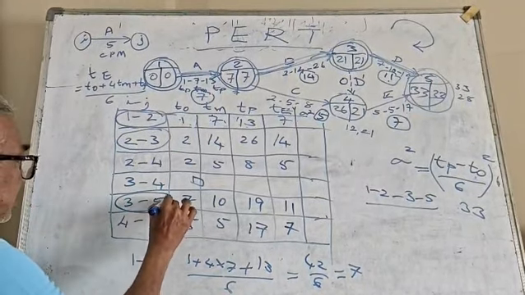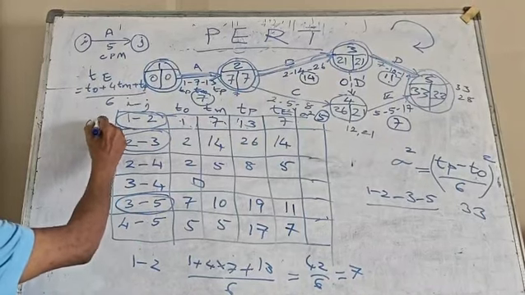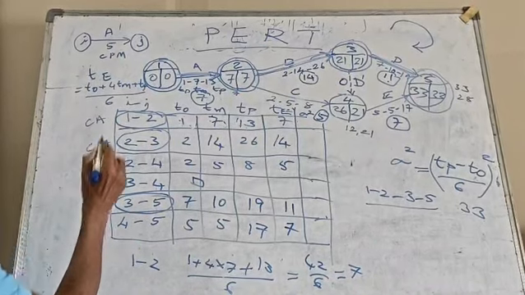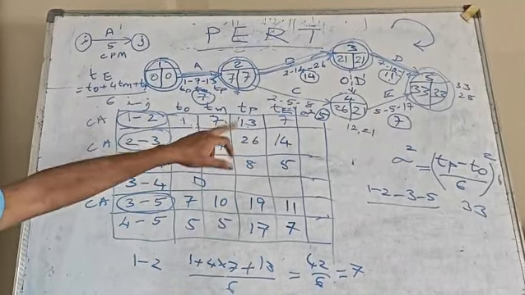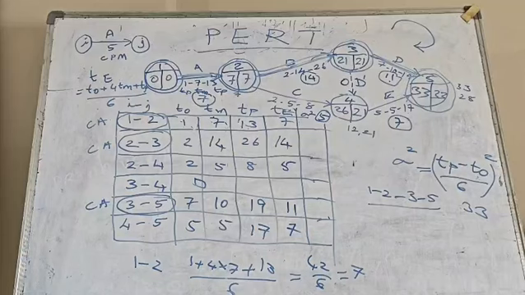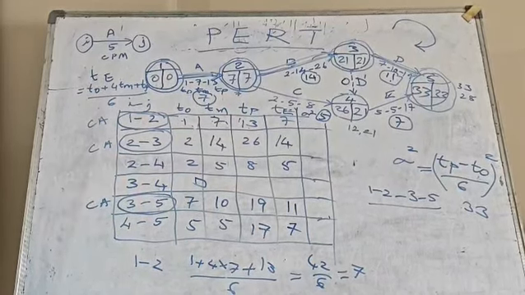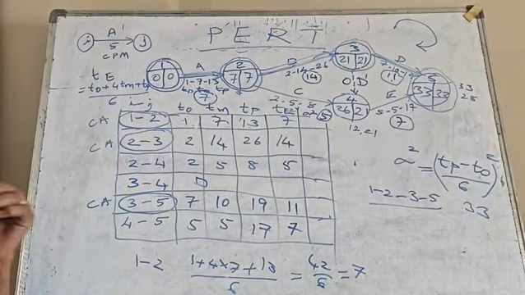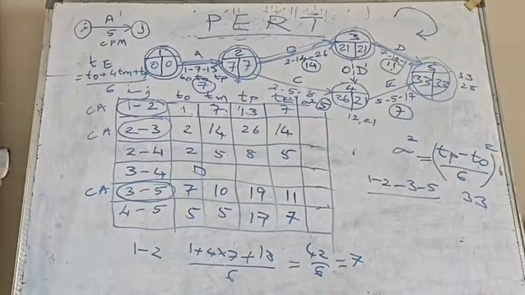These are the only critical activities. All others are non-critical. For example, C is non-critical and 3, 4 is a dummy, that is also non-critical. E is also non-critical. So this is how the critical activities are marked in the table.